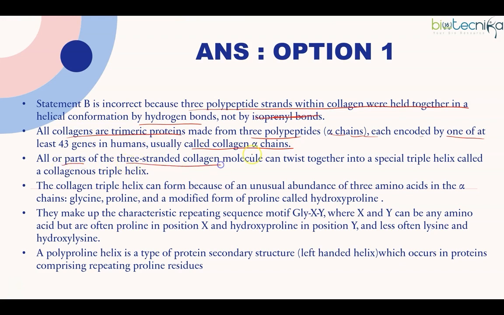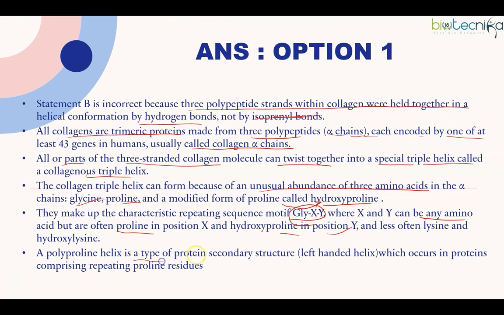All or part of this 3-strand collagen can twist together into a special triple helix, which forms because of an unusual abundance of 3 amino acids: glycine, proline, and a modified form of proline, hydroxyproline. They make up the characteristic repeating sequence glycine X and Y, where X and Y can be any amino acid, but are often proline and hydroxyproline in position Y.